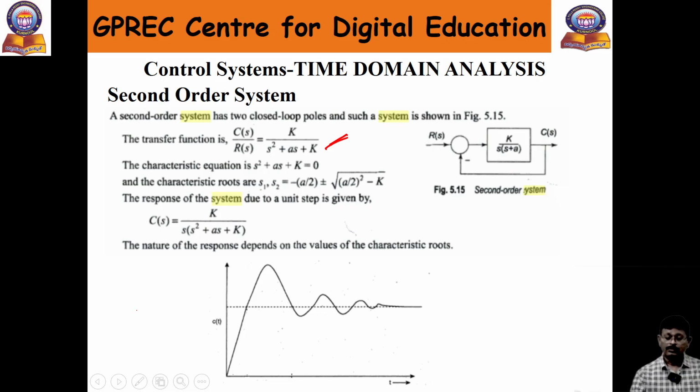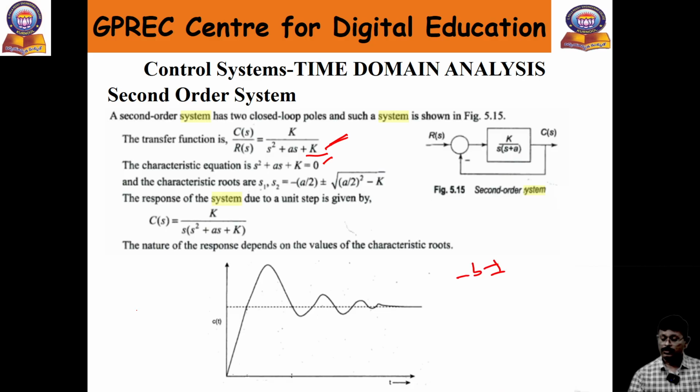Now take the characteristic equation. I told you the characteristic equation is the denominator of the second order system, so s square plus as plus k equal to 0. The roots s1, s2: already you know very well how to find the roots of a second order equation.